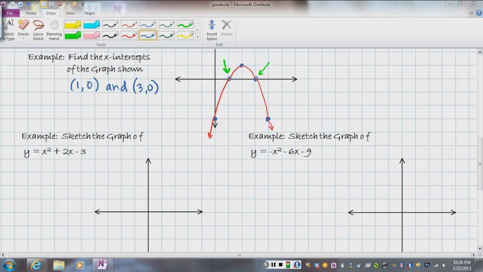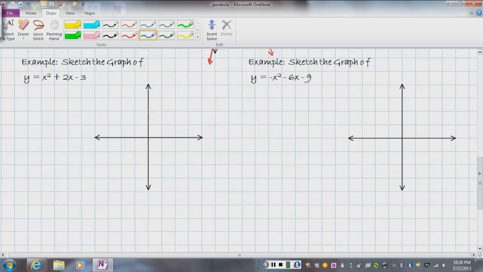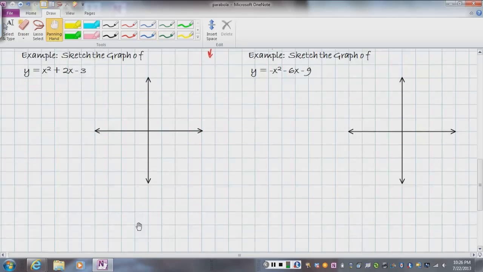Now we're going to actually solve two quadratic equations, and we're going to just do a rough sketch of what that graph is going to look like. We're going to solve these both using factoring. And remember, we're looking for roots, so we're looking for the zeros, so we're going to set y equal to 0. We're going to say 0 equals, now I'm going to factor this.